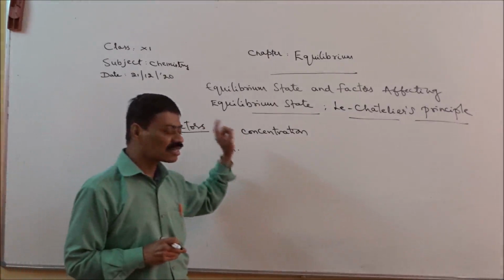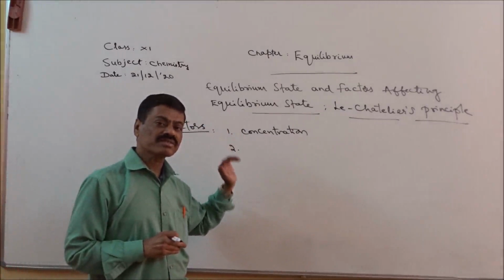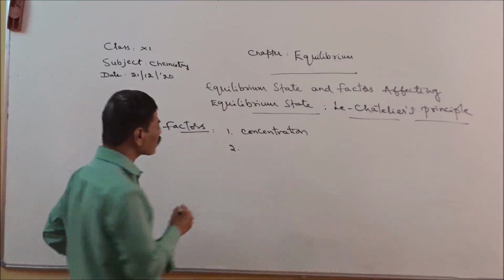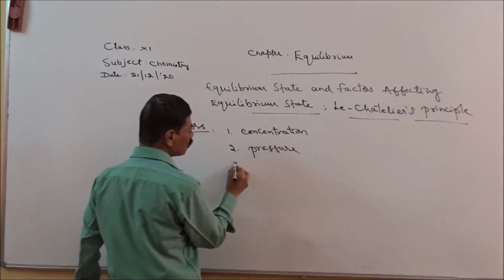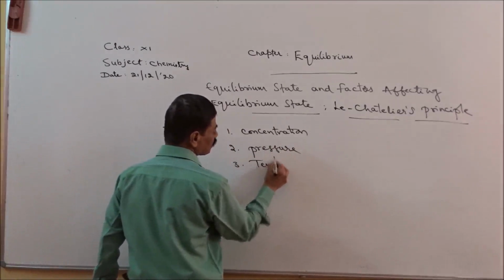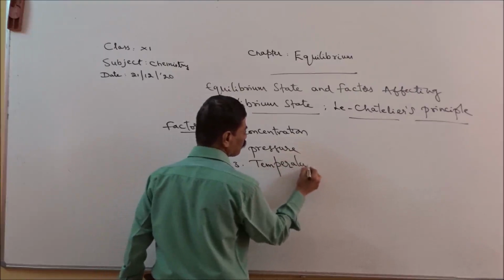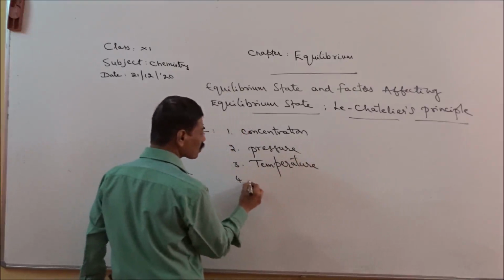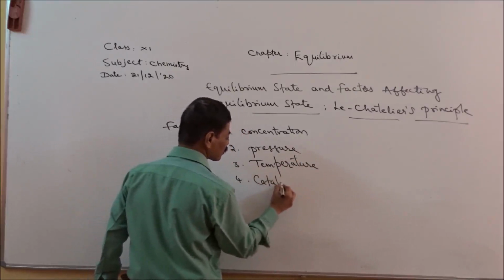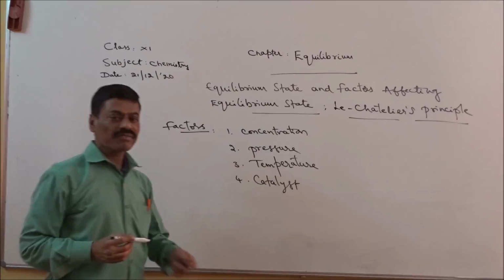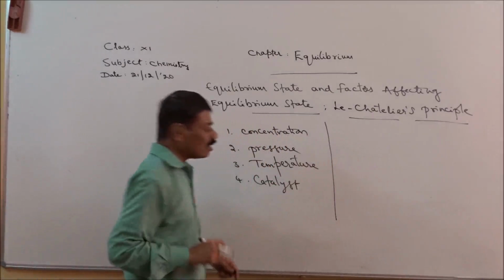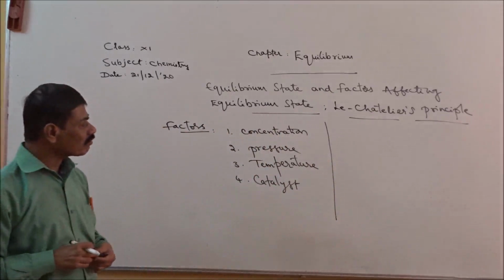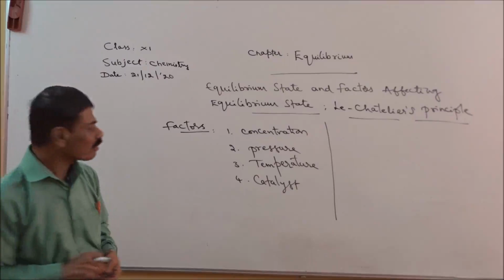Therefore concentration refers to products besides reactants or vice versa. Next is pressure. Third, temperature. Fourth, catalyst. These are the different factors which affect the reversible nature or equilibrium state of the chemical reaction.